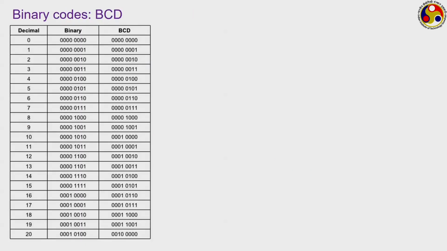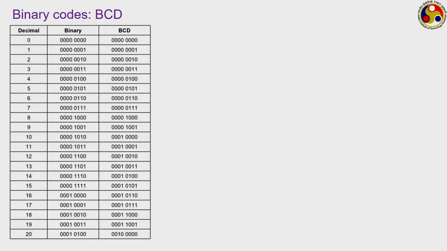Next we come to the binary code. While decimal numbers are supplied to an instrument, the instrument converts that to binary. How that conversion physically is done, we shall be discussing later on, but before that, let us discuss how it stores the number, and there comes the binary codes.